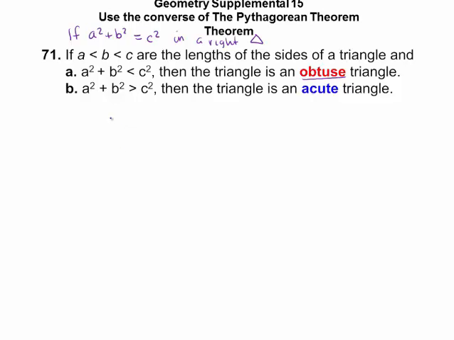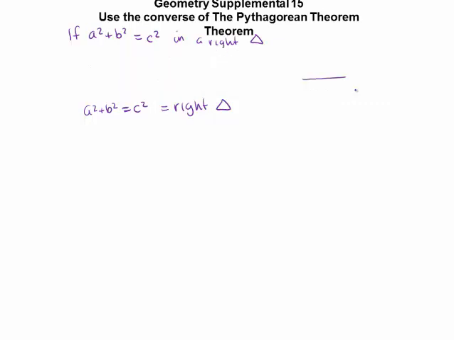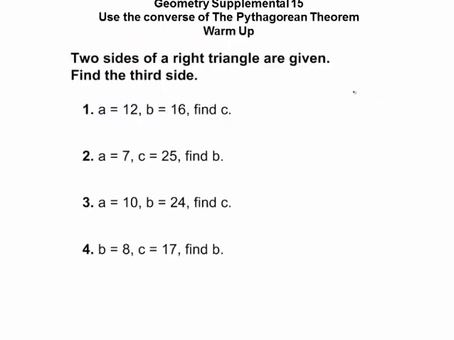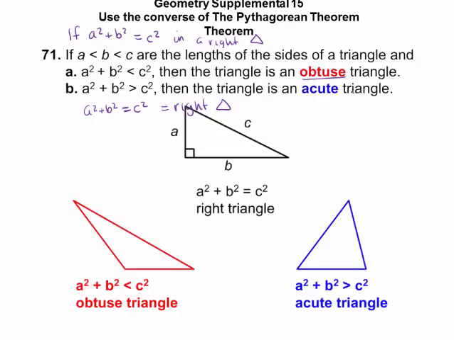So what you have is, if it's equal, it's a right triangle. If it's less than, it's obtuse. If it's greater than, it's acute. And here's, oops, I went the wrong way. Just ignore that. There's pictures.